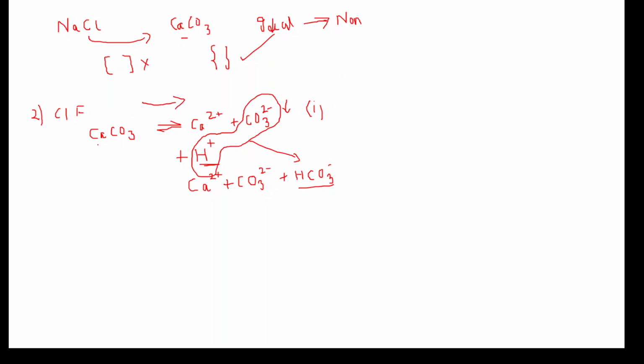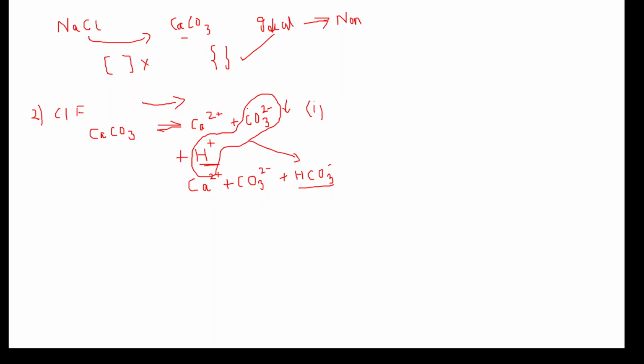So more solid CaCO3 will be broken down to Ca 2 plus and CO3 2 negative. So the solubility of CaCO3 will increase to maintain the Ksp. So when acid is added, the solubility increases not because of pH change. pH change is not important, but because of the shift in the equilibrium as per Le Chatelier's principle.